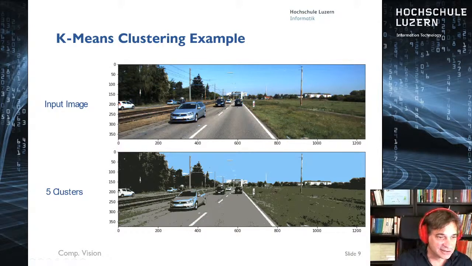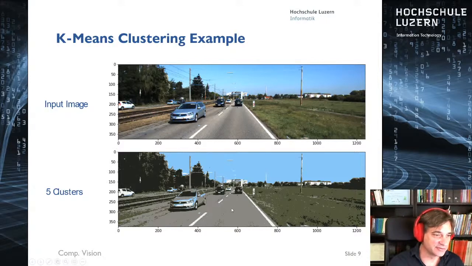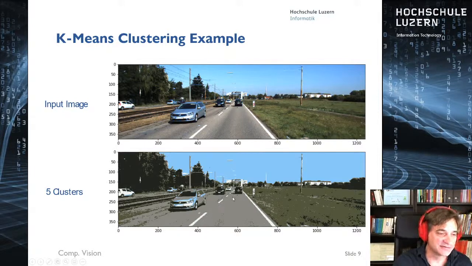So it's not so bad. I think you have the sky, which is probably detected as one cluster. You have the road that is detected as one cluster. But of course, with the different cars with different colors, there were not enough clusters to separate all those cars into different clusters.